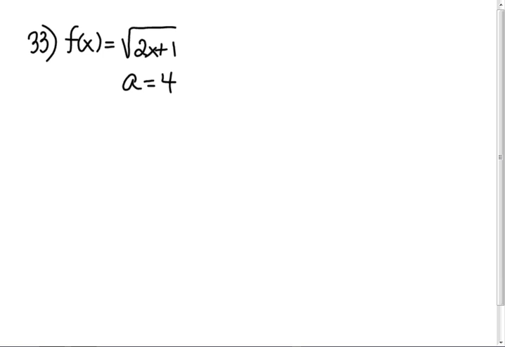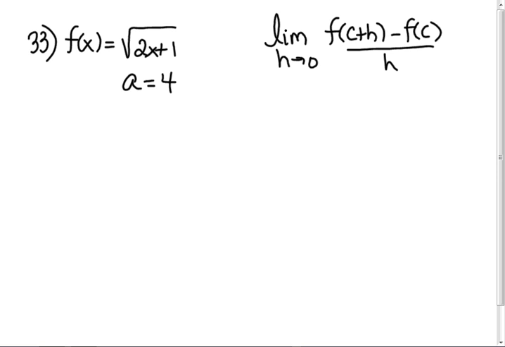So what form do you want to use? Do you want to use the c plus h form or the other one? Let me write them both down. So it's f of c plus h minus f of c all over h. In fact, did they tell us which formula? I think they do on this. No, they don't tell us that.